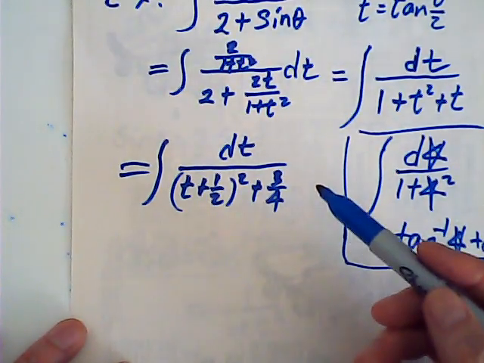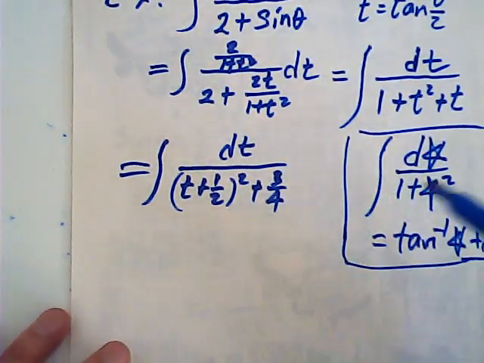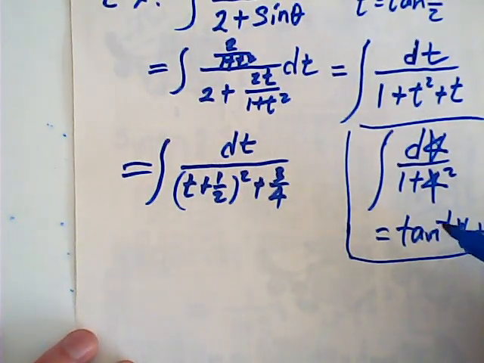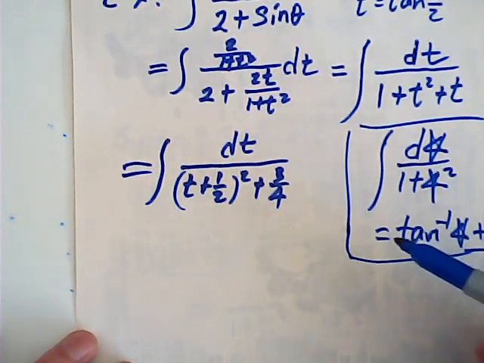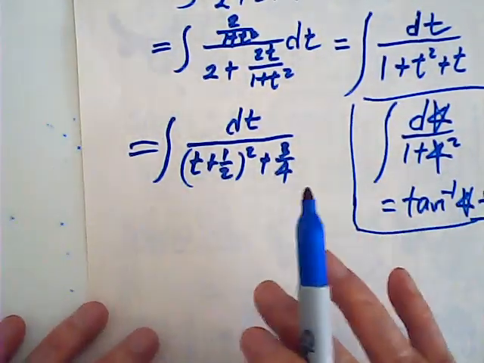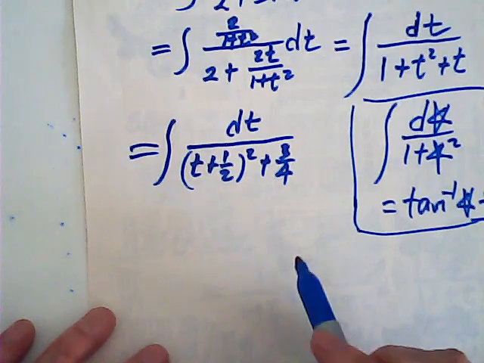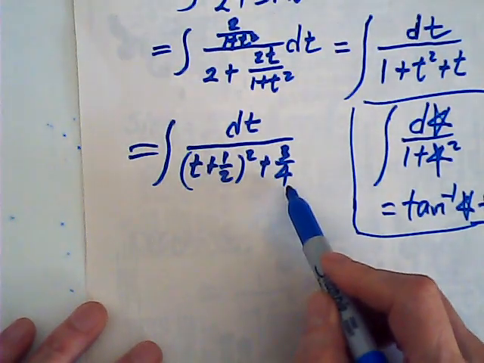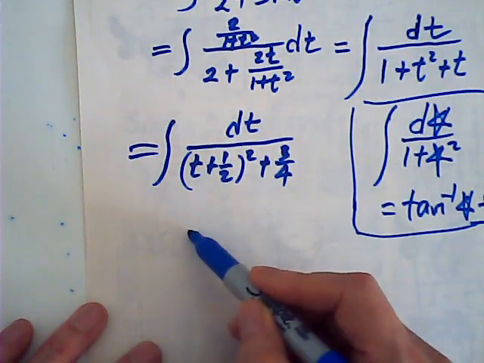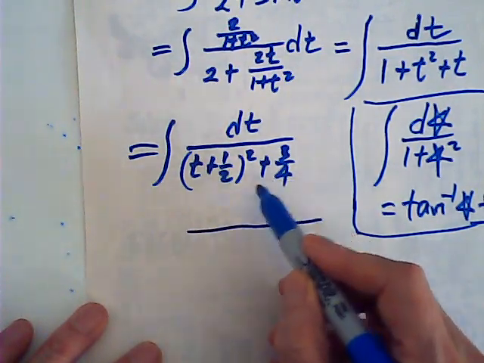Now I don't want to use the u business now. Let me use a direct substitution in your mind. Okay, I want this to become 1. See, the formula has 1, right?